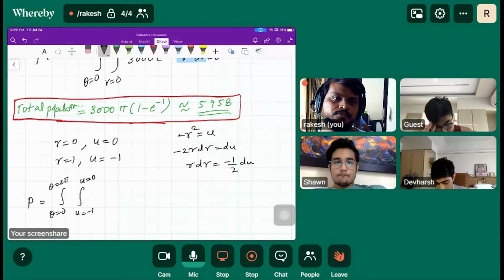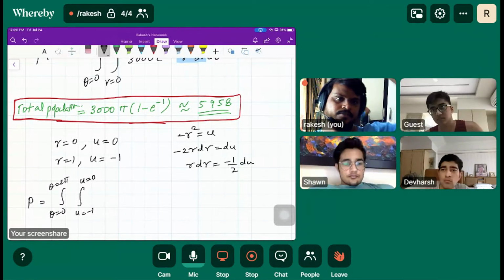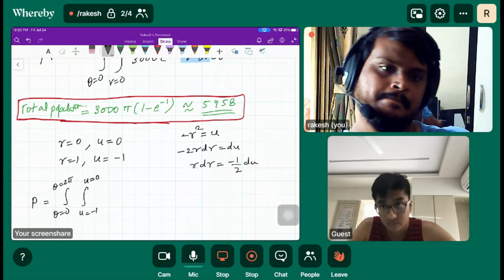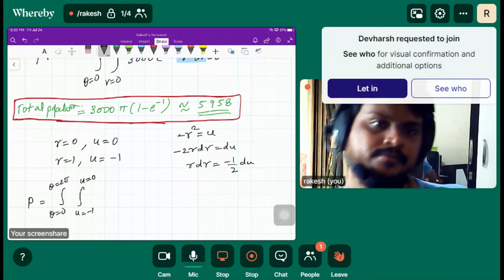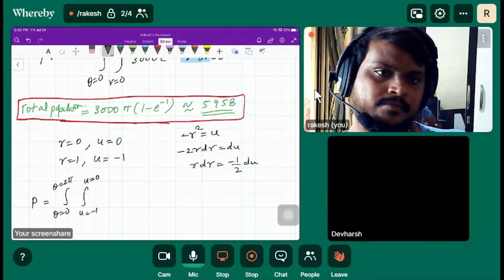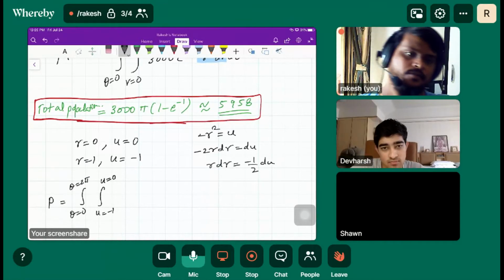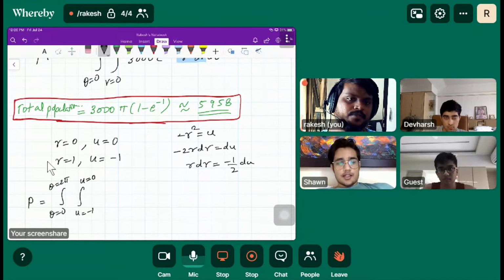Now, is it visible? You refresh your browser. Mano, can you see the screen? Refresh. Is it visible now? Yes, it's visible. The problem was at your end. Now, is it visible to all of you?